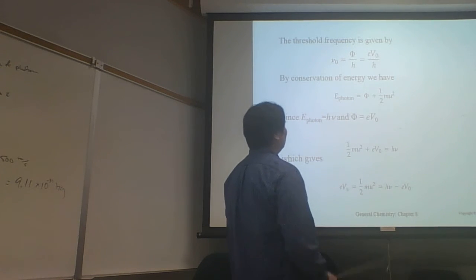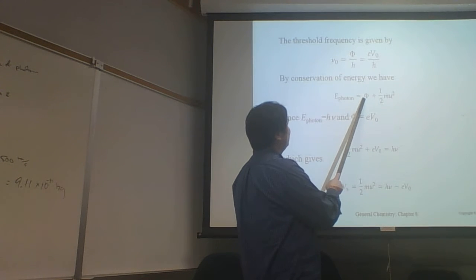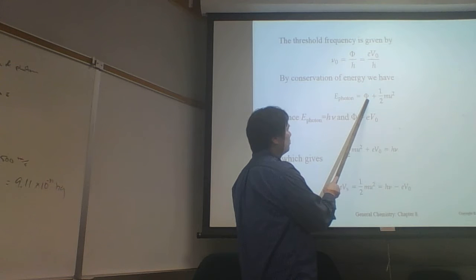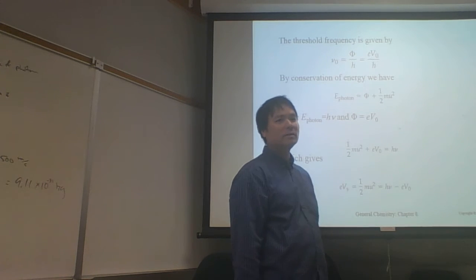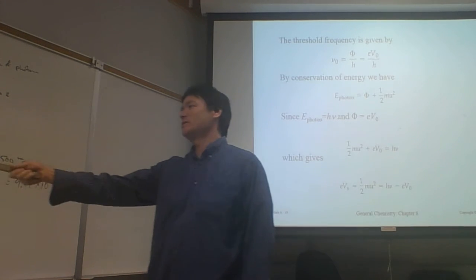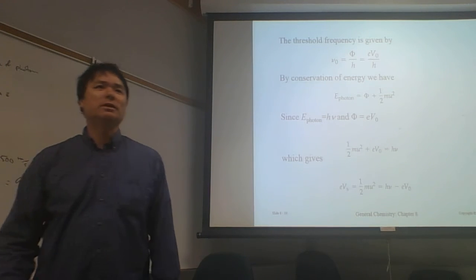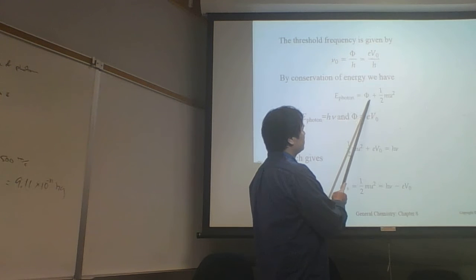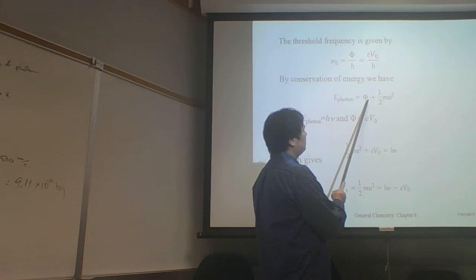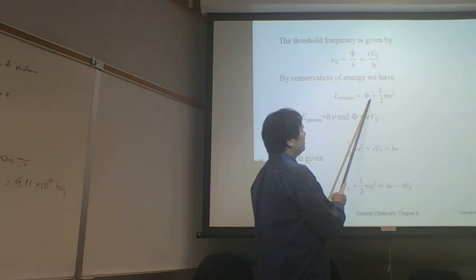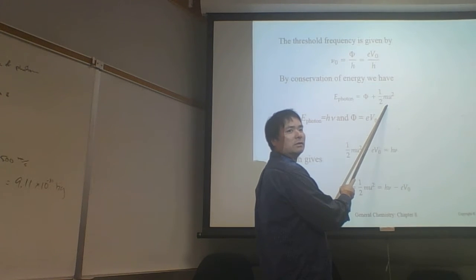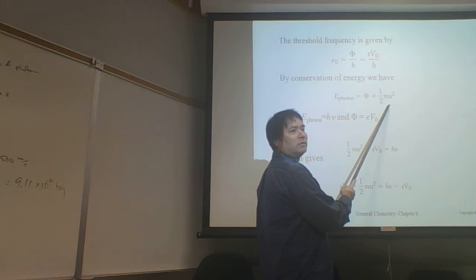What's phi? Phi is given a name. That's called the work function. The work function is the minimum energy required to knock an electron off. So phi is 3.69 times 10 to the minus 19 joules here. And so the photon energy has to be a minimum of 3.69. Any extra energy will be converted into kinetic energy of the electron.